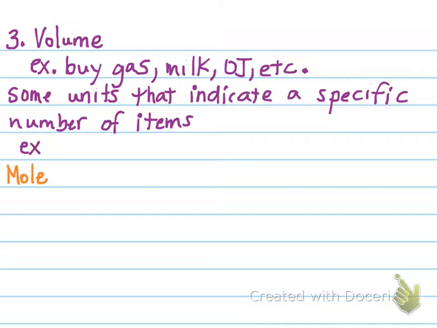For example, a pair, right? If you go to the store and you buy a pair of shoes and you get home and there's only one shoe in the box, that's a problem, right? Because a pair means that you bought two, okay? So again, pair means two of something, okay?